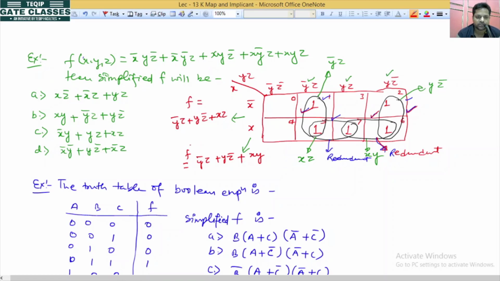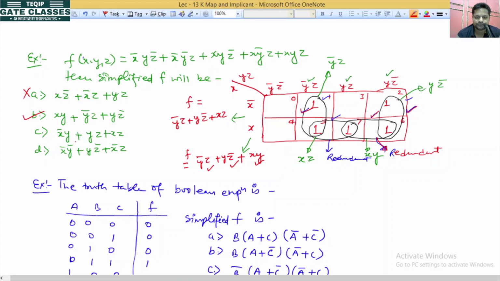Let's see which one is given here. xz bar is given? No, it is not. xy we have, yes. y bar z, see here, xy, y bar z, yz bar, so this one is given, so this is the correct option.